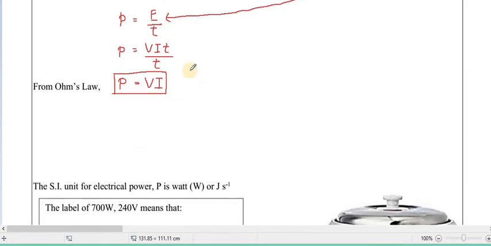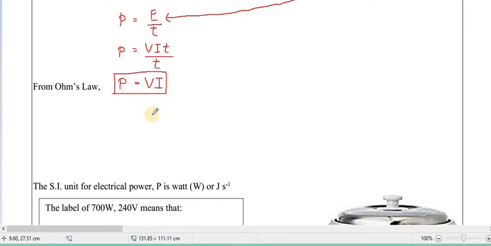So anyway, this is the equation to calculate electrical power: voltage times current. In different situations, we do not know the potential difference or the current, but we know the resistance of the wire or of the appliance, for example the resistance of the rice cooker or the bulb.